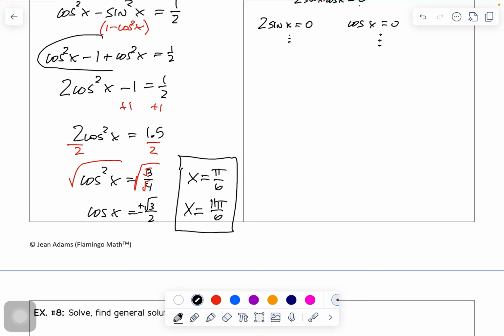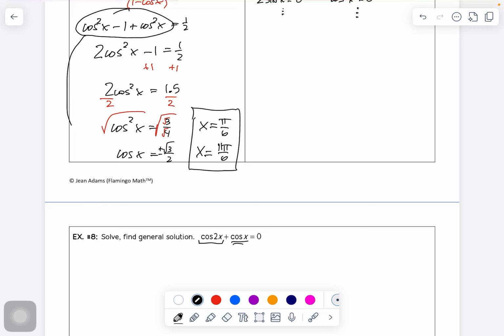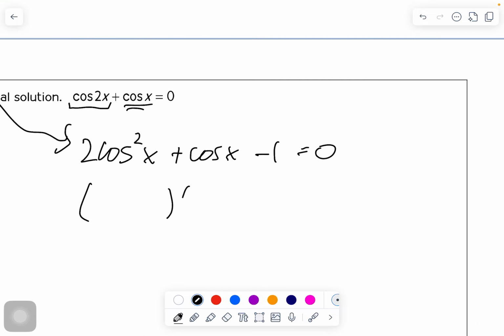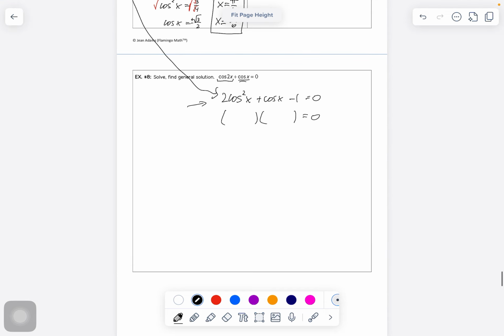This step here would be the same down here, except you'd have that extra plus cosine. So we would have 2 cosine squared of x plus cosine of x minus 1 equals 0. So now we're going to factor that into two binomials, setting them equal to 0. So that's why we were doing some of this stuff in lesson 1 with the factoring piece and simplifying.